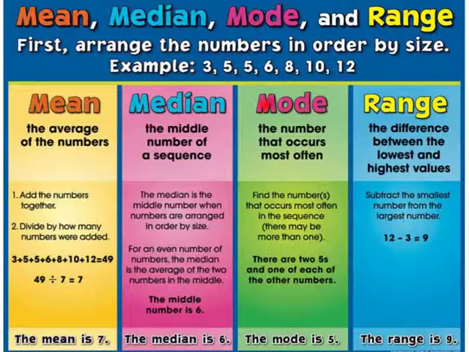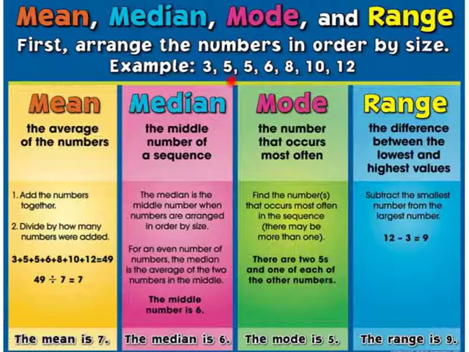Median is the very middle of the number sequence. So if you've got 7 numbers, then you do have an exact middle. You've got 3 before, 3 after, 6 is in the very middle, so it is the median. Mode is the number that occurs most often.